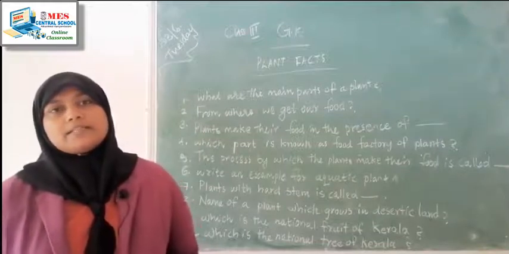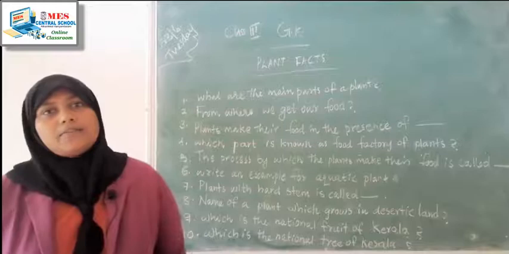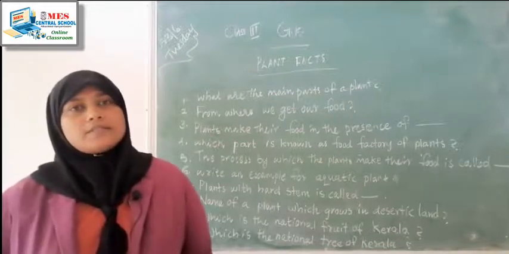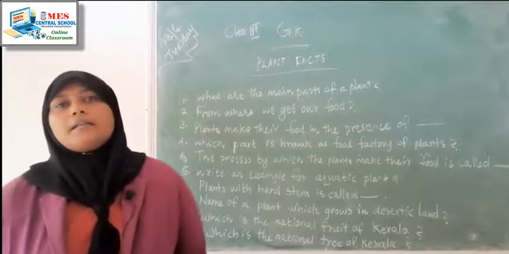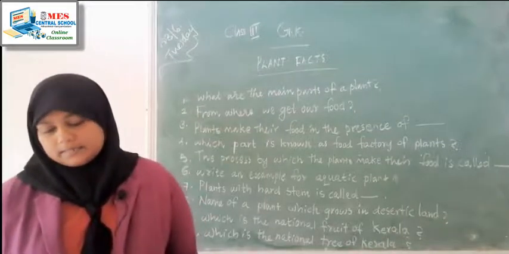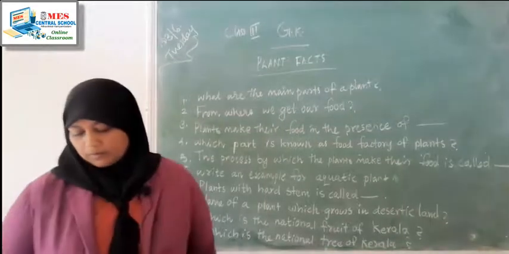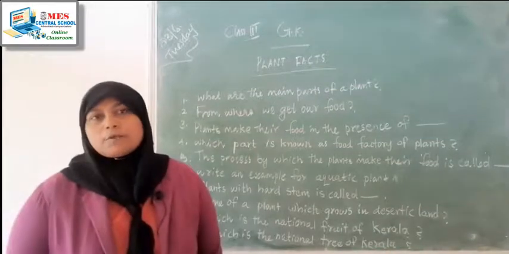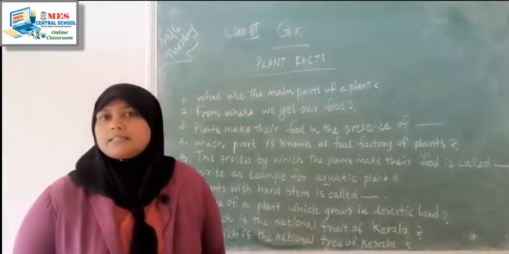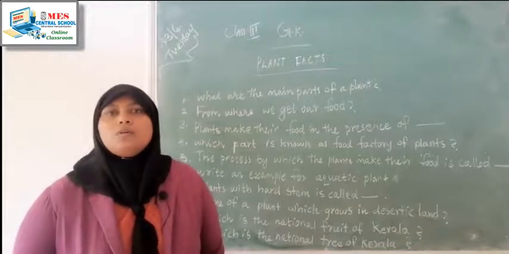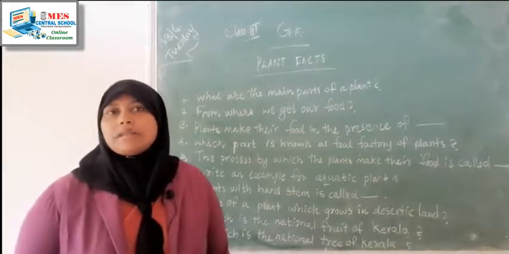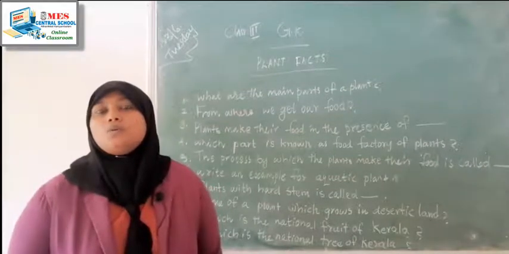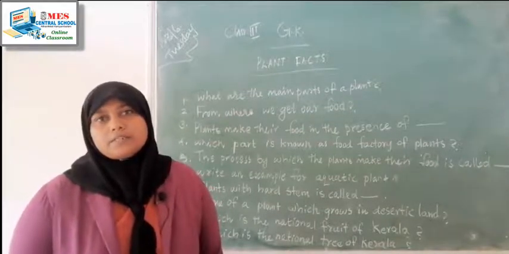Then only can we survive, because all types of animals including human beings depend on the trees and plants. So we want to protect the trees in order to protect our environment. We want to plant many plants in order to protect our environment.